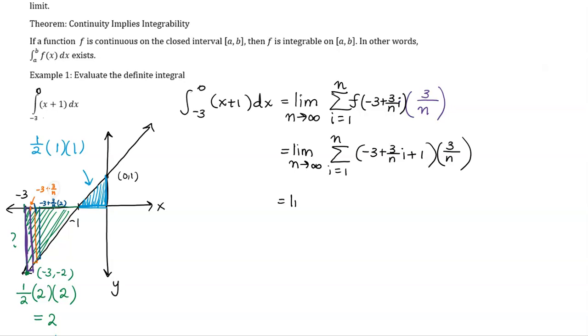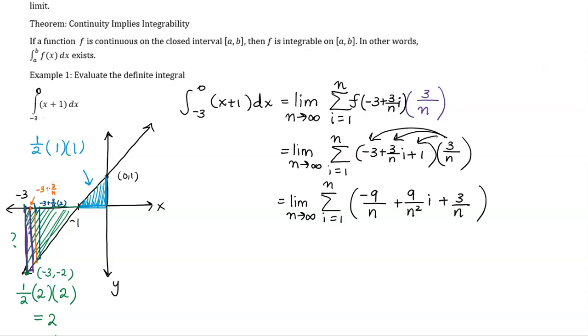So now we have the limit as n approaches infinity of the sum from i equals 1 to n. I'm going to be distributing here, so this 3 over n is going to get distributed into all 3 of those terms, giving us -9 over n plus 9 over n squared multiplied by i plus 3 over n.